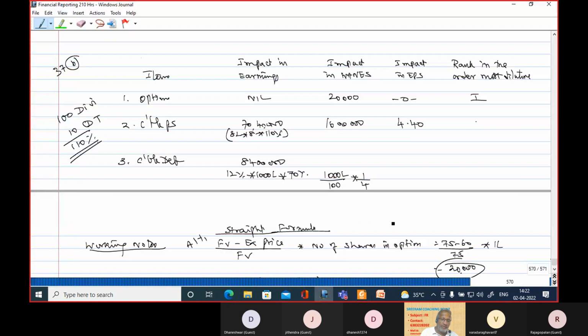Sorry, 4 for every 1. 40 lakhs. 2.10. So this is second most dilutive and this is the least dilutive.